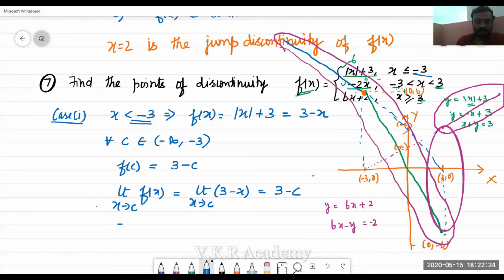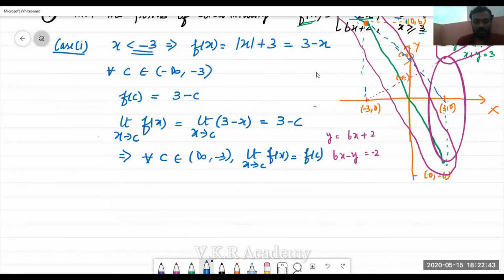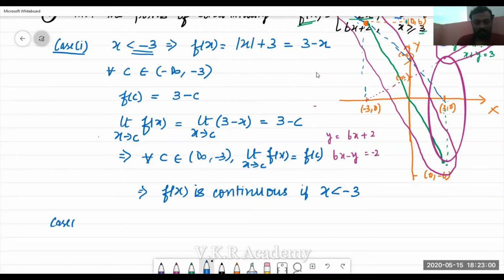So we find that for all c in minus infinity to minus 3, limit x tends to c, f of x is equal to f of c. So this implies f of x is continuous if x is less than minus 3.